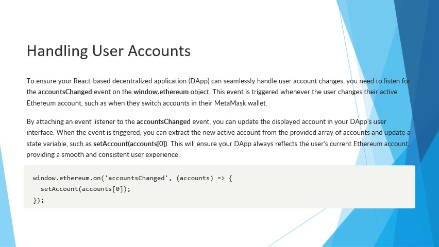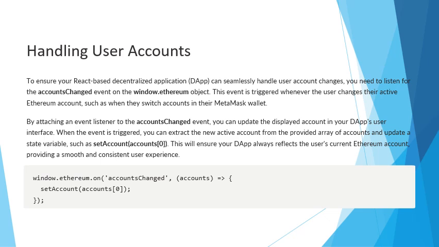Ensure that our React-based DApp can seamlessly handle user account changes. We need to listen for the accounts changed event on the window.ethereum object. This event is triggered whenever the user changes their active Ethereum account, such as when they switch accounts in their MetaMask wallet. By attaching an event listener to the accounts changed event, you can update the displayed account in your DApp's user interface.